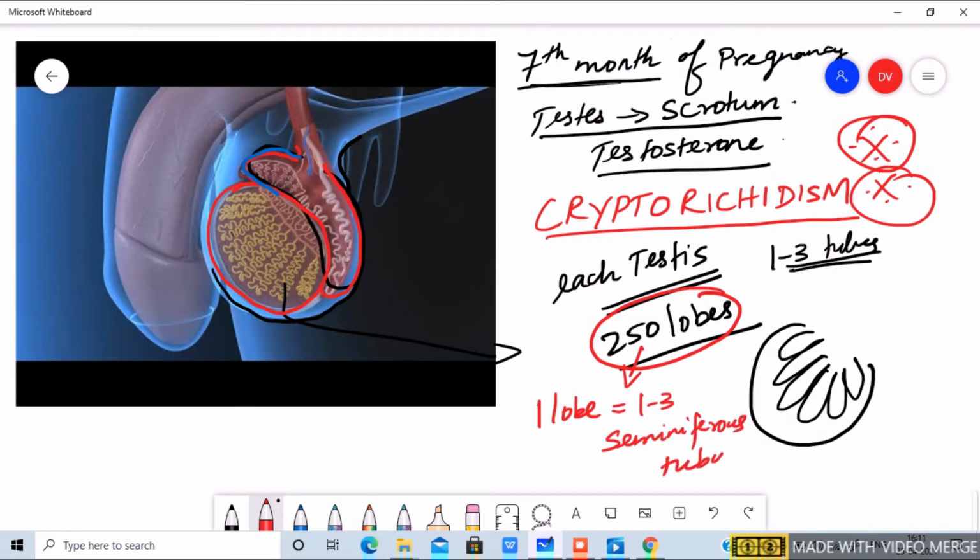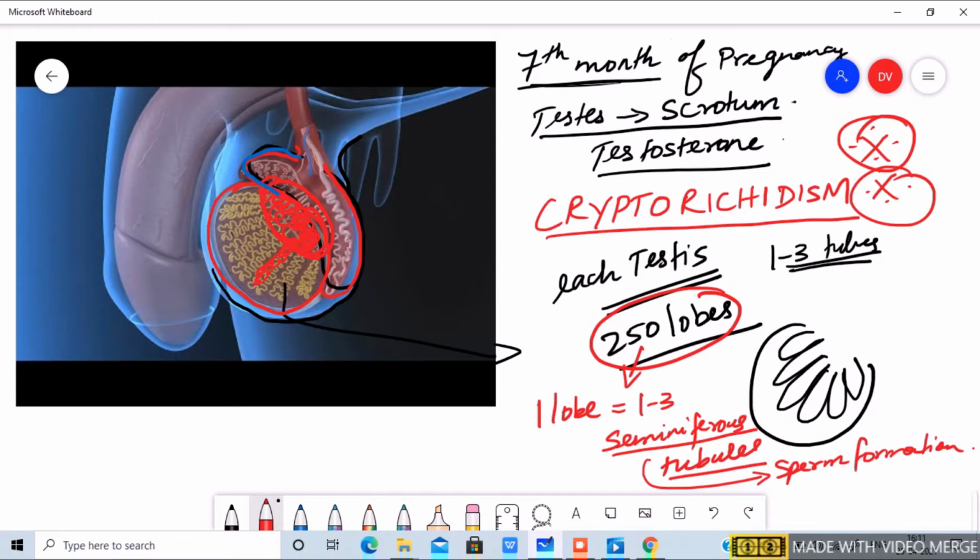Now what are these seminiferous tubules? Can you see a coil-like structure here? These are seminiferous tubules. If you ask me about the significance, this is the site where sperm formation happens. You can see that all of these seminiferous tubules go and coil here, forming a network.